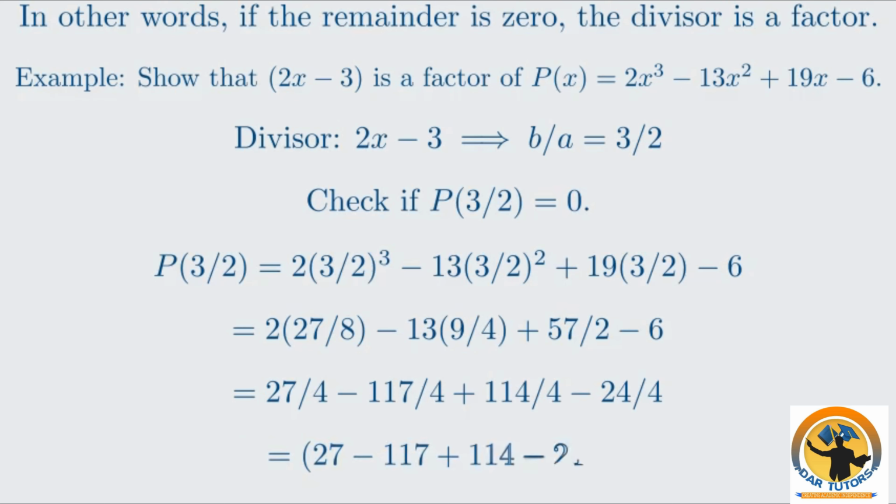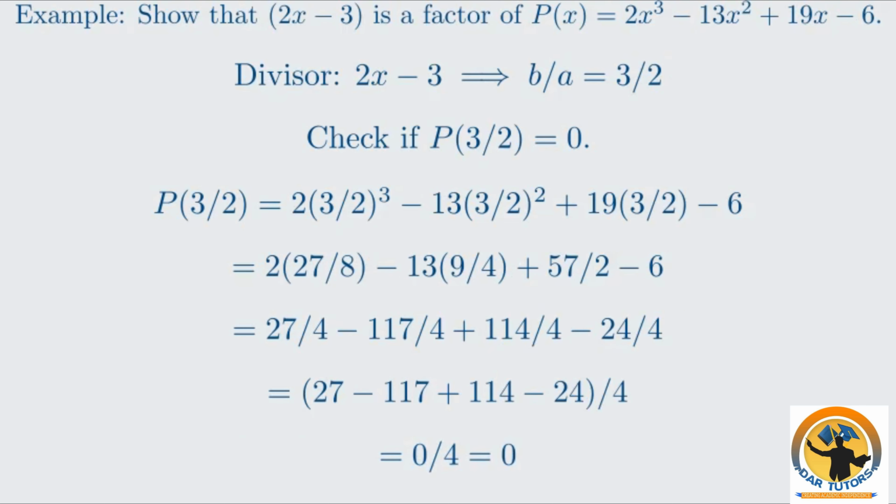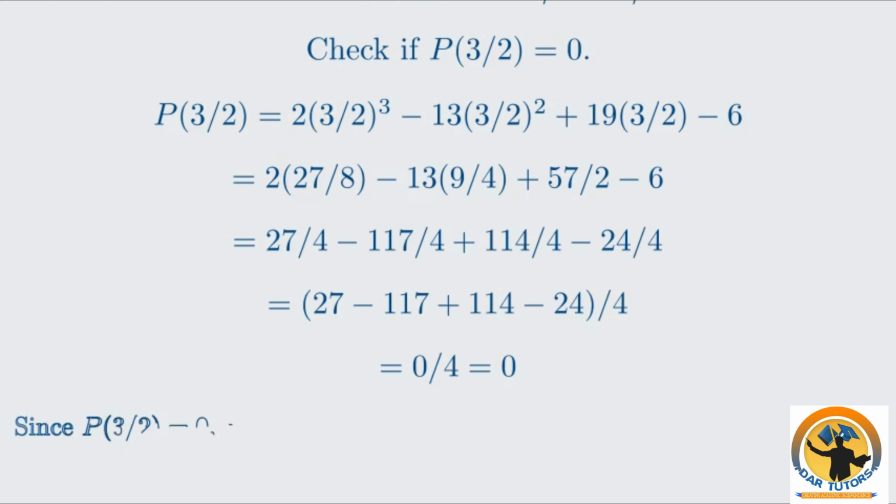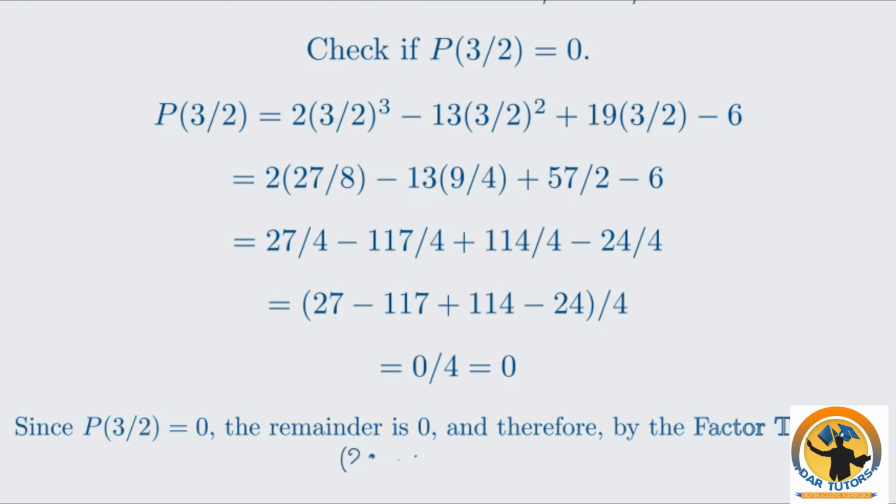Combining the numerators, we get 27 minus 117 plus 114 minus 24, which is 0. Since p of 3 over 2 is 0, the remainder is 0, and therefore, by the factor theorem, 2x minus 3 is a factor. The factor theorem is incredibly useful for factorizing polynomials, especially cubics and quartics, which can be difficult to factorize by other means.